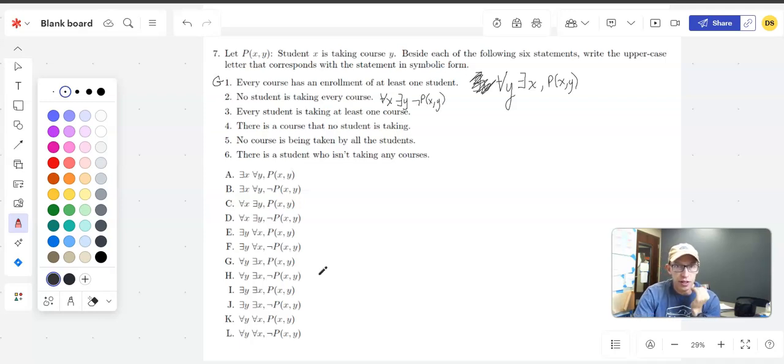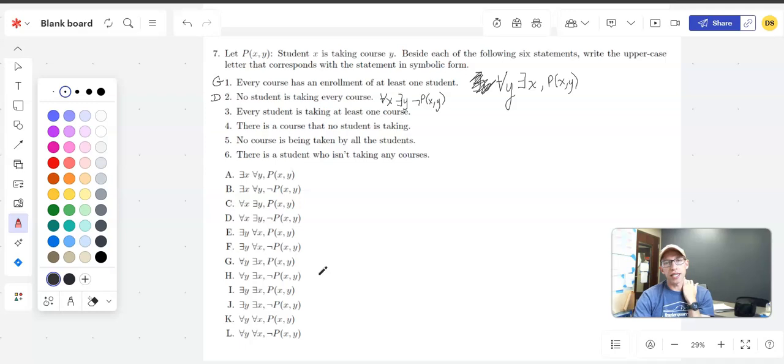Let's find this down here and then I'll read through it one more time. Right here, D. For any student you come up with, John, Bill, Ashutosh, Narayan, any student you come up with, there's at least one course such that the student's not taking the course. So this would be a D.